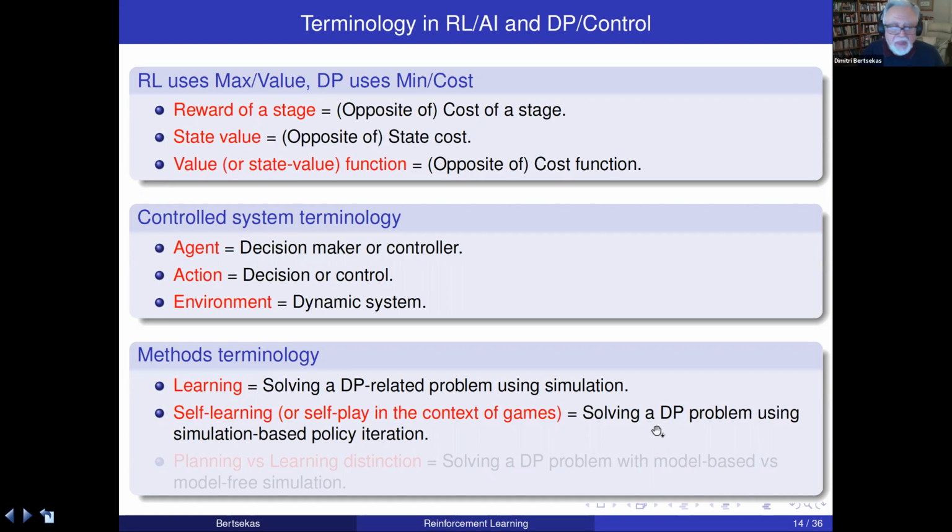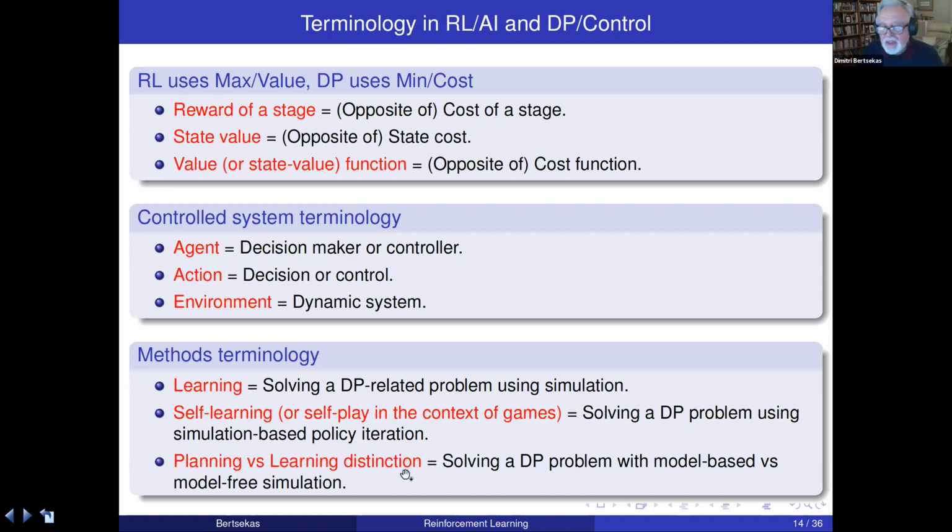Now, in dynamic programming, this translates to using policy iteration. People talk about methods like policy iteration rather than self-learning. In reinforcement learning, there's a planning versus learning distinction, which in dynamic programming translates to solving a dynamic programming problem with a mathematical model, called planning, versus model-free simulation, which is called learning.